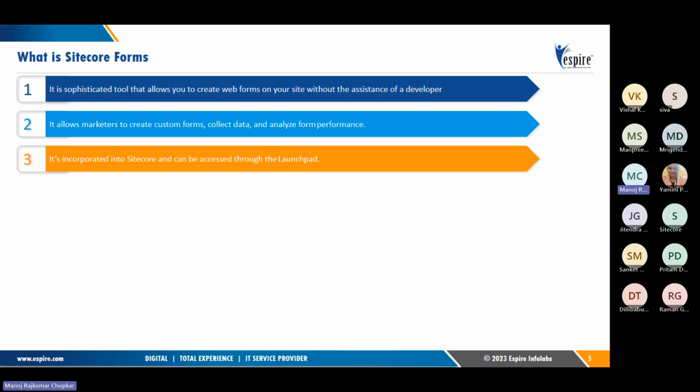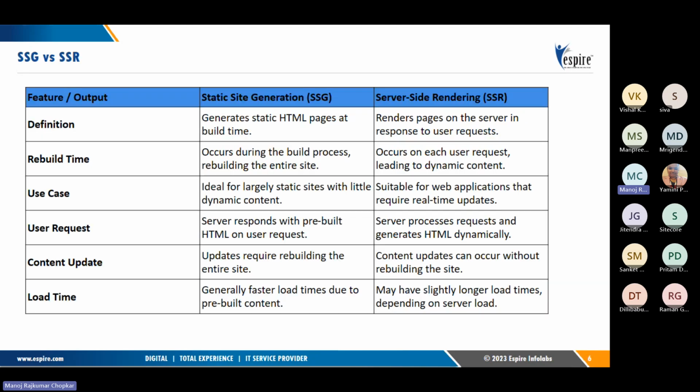You can find the Sitecore Forms option in your Sitecore Launchpad. So that's all about Sitecore Forms, and we won't go much into it, but let's see the difference between SSG and SSR now.